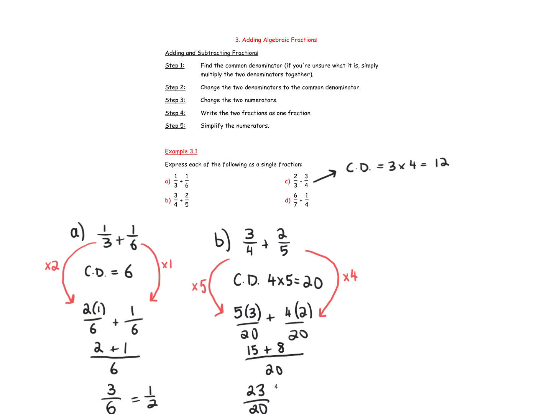And then take away the fractions. The same can be said for D. The common denominator can be got by multiplying 7 by 4, giving a common denominator of 28. Then change the two fractions to having a denominator of 28 and add the fractions once you have changed the two numerators to match what you did to the denominators.